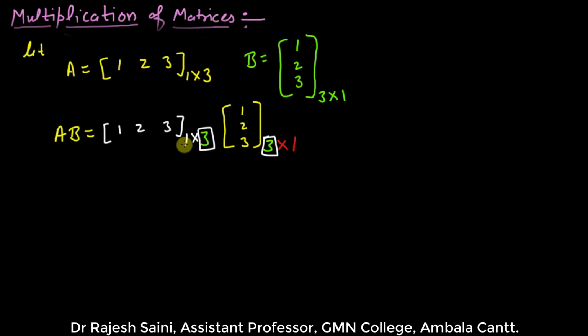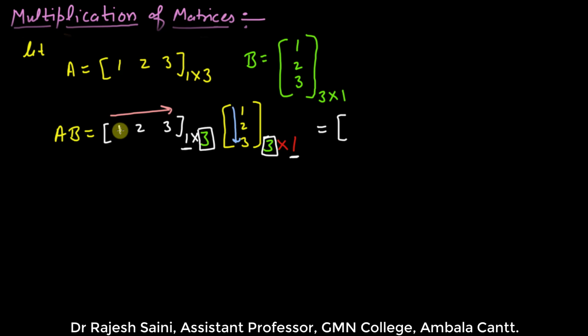Fine. So the resultant matrix will be of 1 by 1 order, meaning we will have 1 row and 1 column, meaning it will have a single entry. So let's write this row, which will be multiplied with this column.